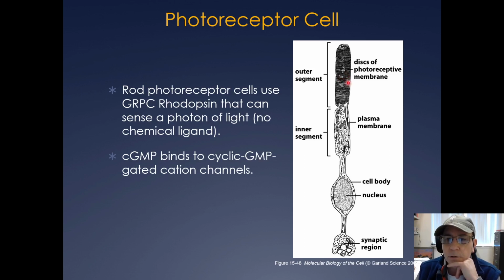It actually uses a photon of light as its signal. Okay, and once a photon of light is absorbed, the GTP is converted to cyclic GMP, and that actually binds to cyclic GMP-gated cation channels.